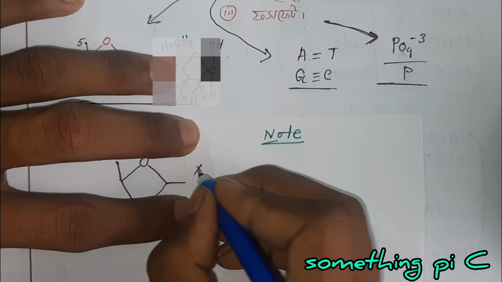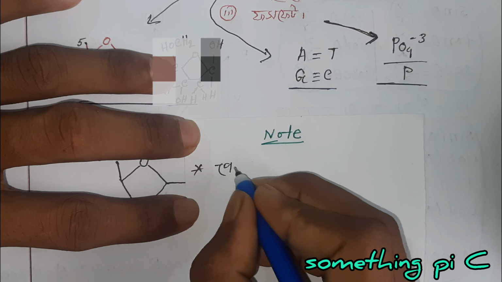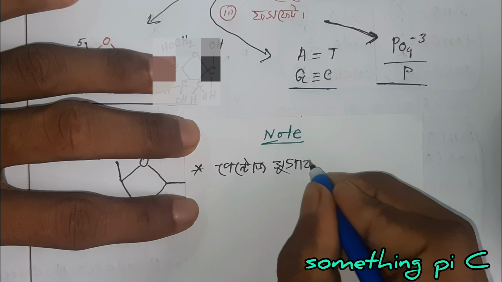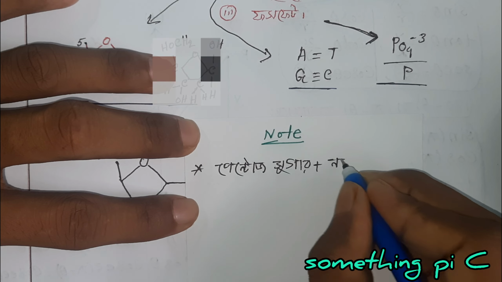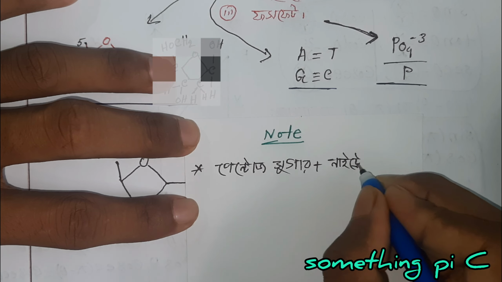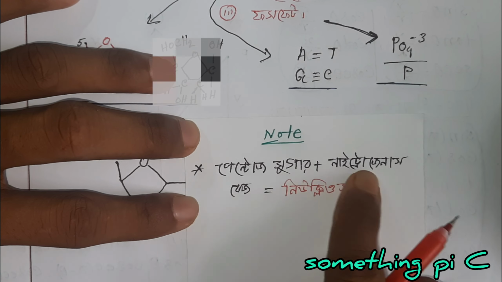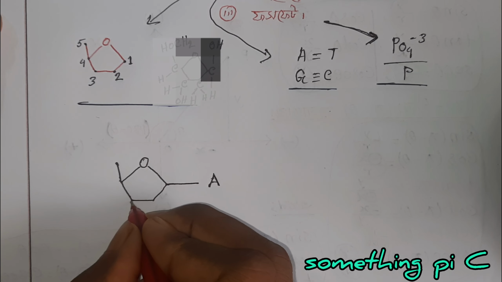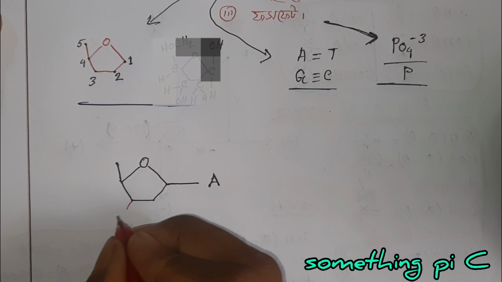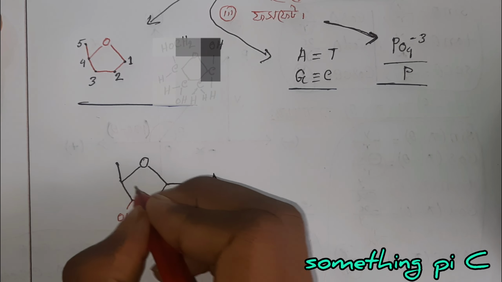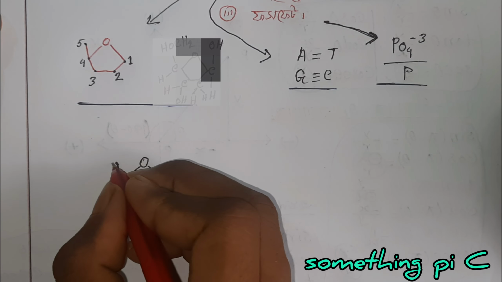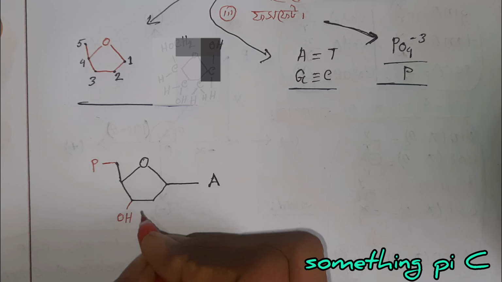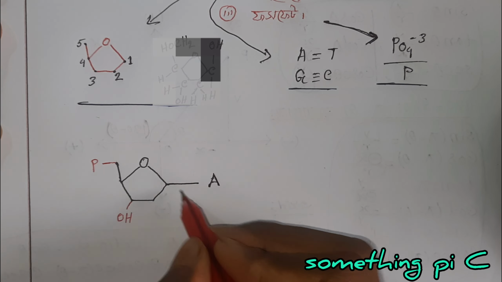So in a short note we can write down that pentose sugar plus nitrogenous base makes nucleoside. If anyone asks us what is nucleoside, we will answer that when a pentose sugar connects with a nitrogenous base, then it is called nucleoside.